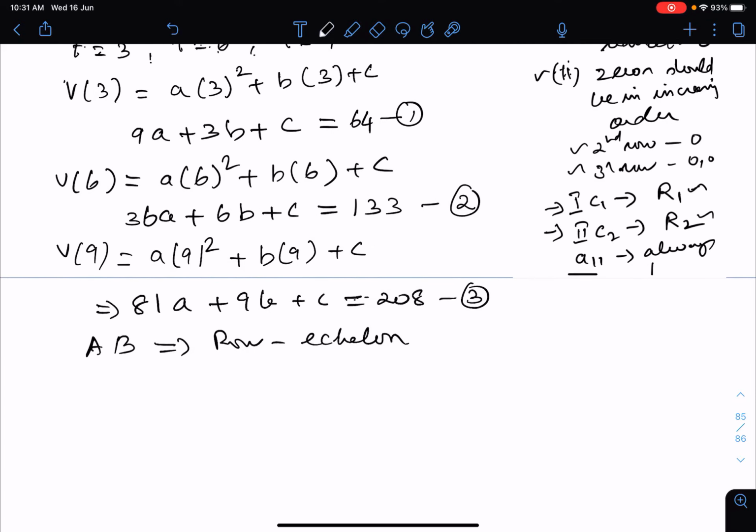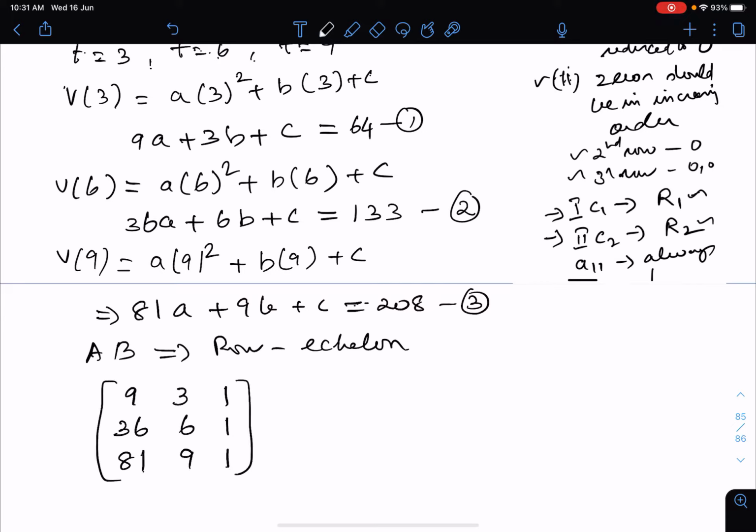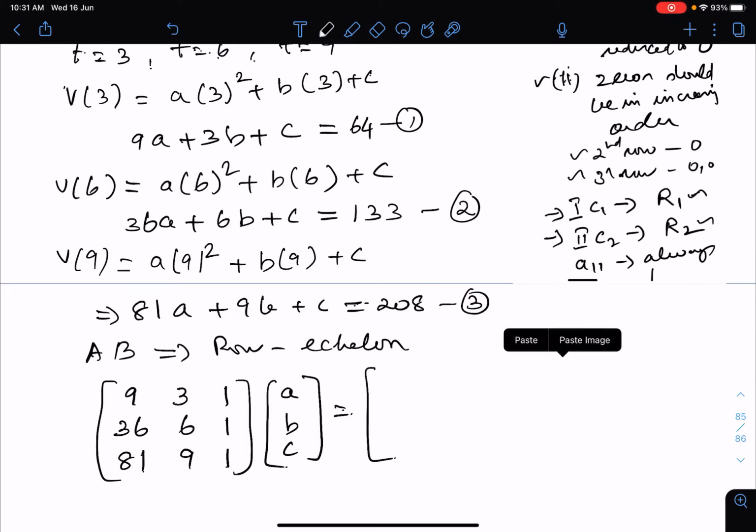Now we'll write our augmented matrix. Before that we'll write our AX equal to B. First row 9 3 1, second row 36 6 1, and the last row 81 9 1. This is going to be our A. What is our X? a, b and c. And our constants are 64, 133, 208.